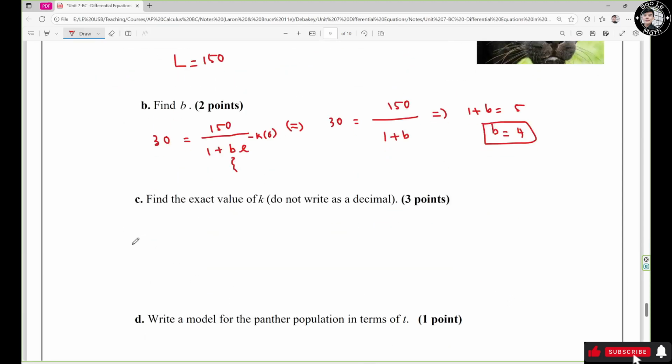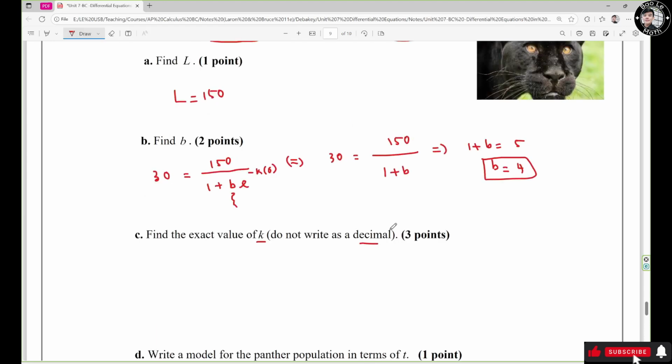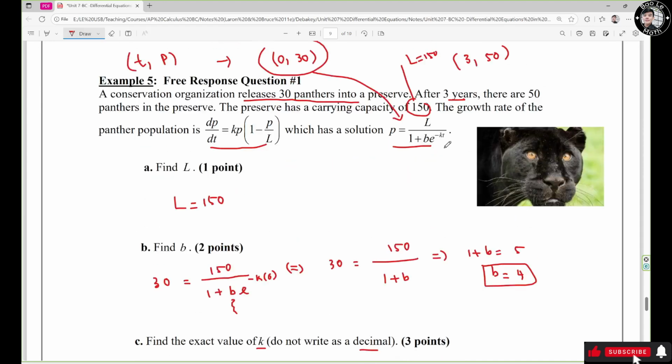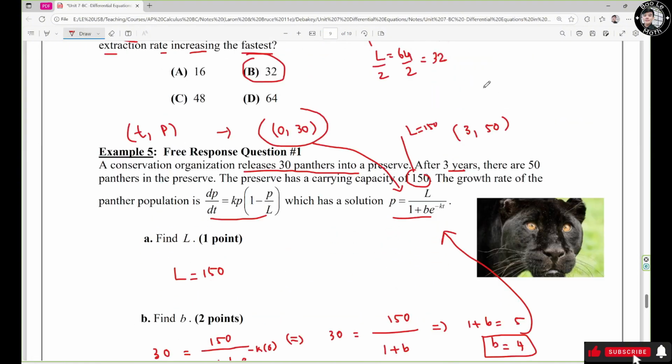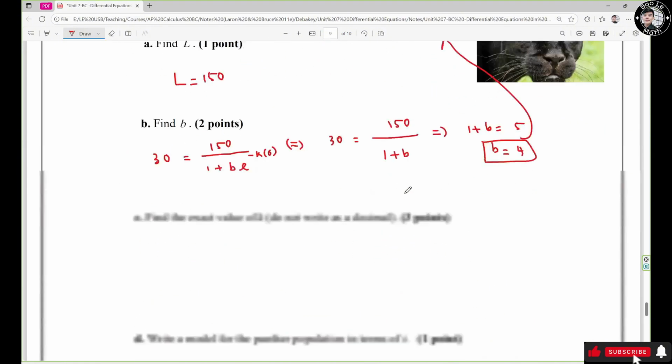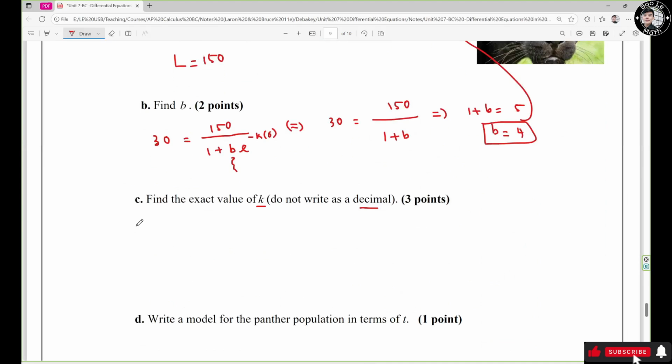Now let's move on to question C. Find the exact value of k. Do not write it as a decimal. Alright, so we're going to substitute b back over here, and we're going to use the ordered pair right here. So we have the formula p equals L over 1 plus b times e raised to the negative k times t.